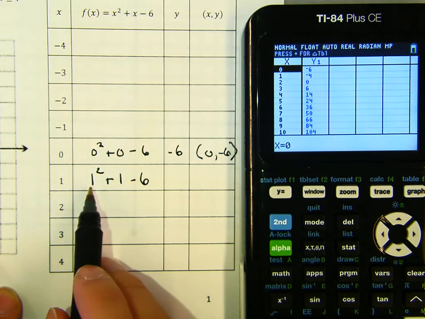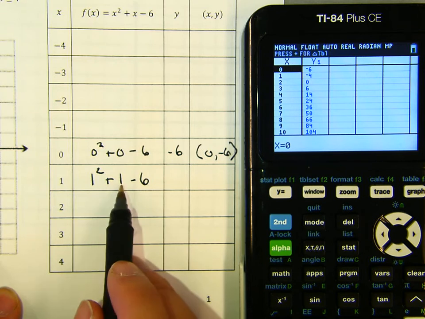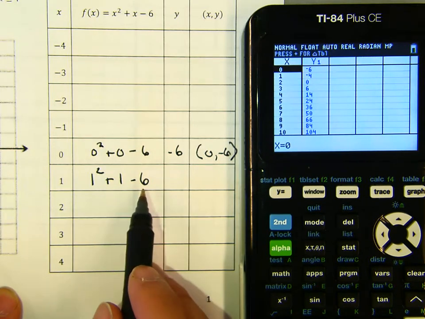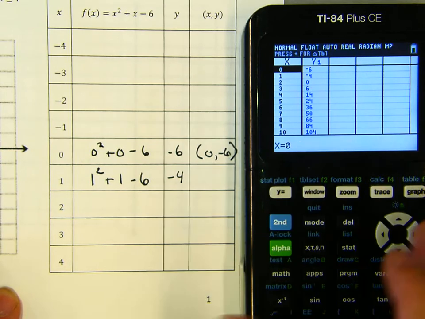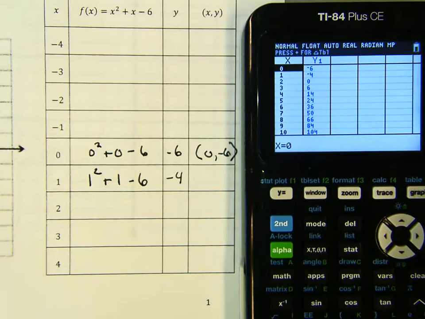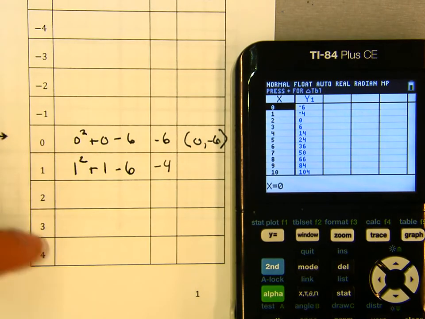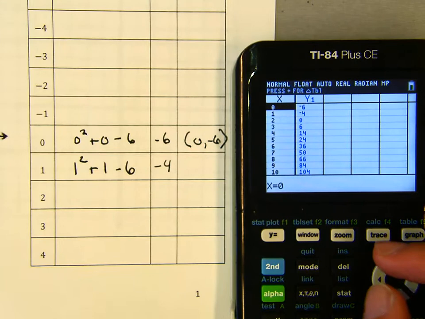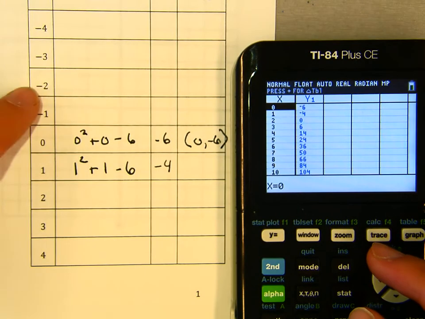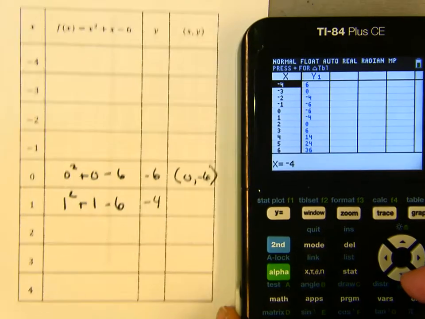You could do this in your head: 1 squared is 1, 1 plus 1 is 2, 2 minus 6 is negative 4. And it's right there for you. It's very nice to just get the points. We have it for 0 to 4 right now, but where are the negatives? How do I get to negative 1, negative 2, negative 3, negative 4? I just go up in the calculator and oh my gosh, it's all there for you.